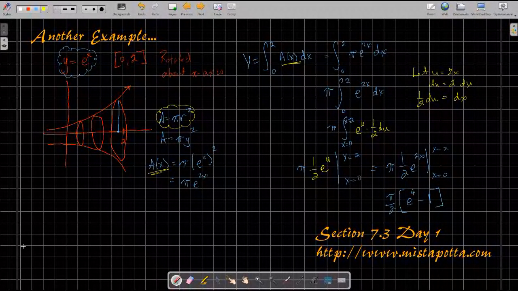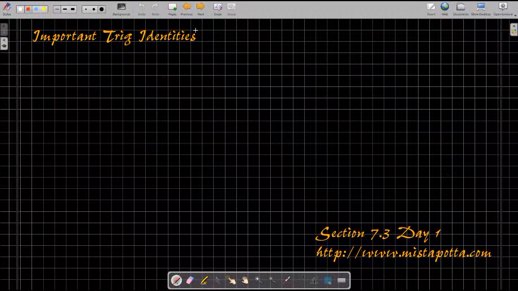So, before we go on to our last example here, I do want to talk briefly about some identities that we need to be familiar with to get ready for the AP exam. In general, the basic identities that we need are our trigonometric identities that we're mostly familiar with.